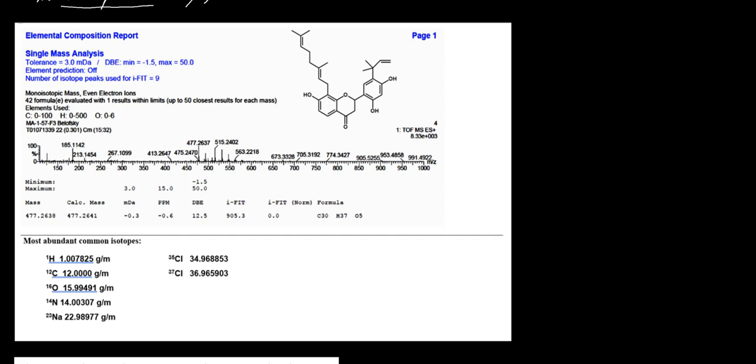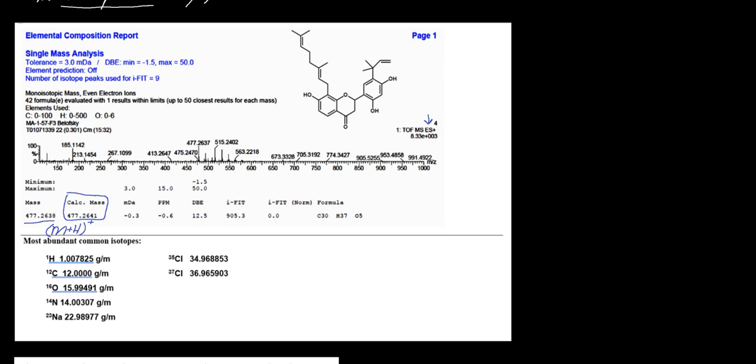If you recall, this compound was determined to have an exact mass of 477.2638, but we had decided that that's the M plus H molecular ion, so it's the exact mass plus a hydrogen in positive mode. And this exact mass that's observed in the analysis is compared to the calculated mass.